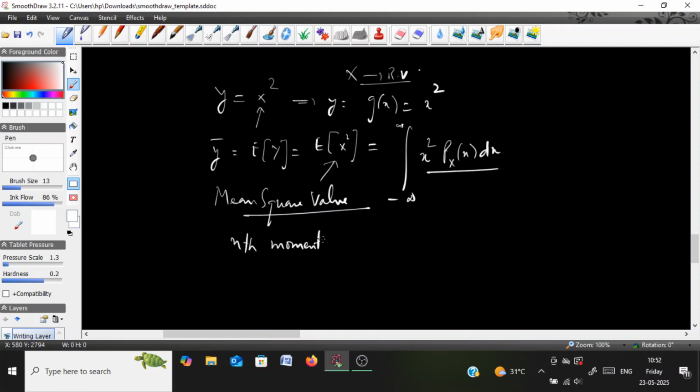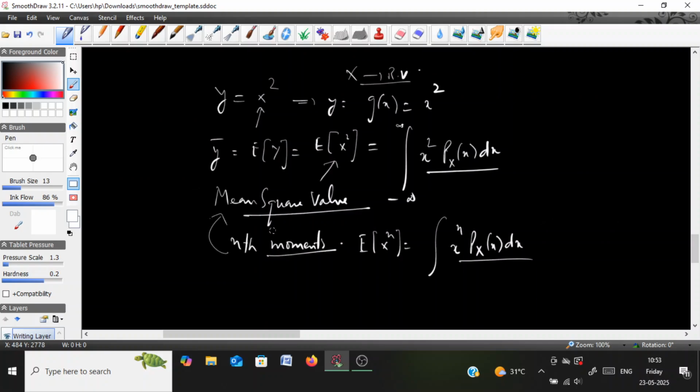The nth moment in general is defined as E of x to the power n, and that will be the integral of x to the power n into px of x into dx. So for n equal to 2, this becomes a special case which we call the mean square value.